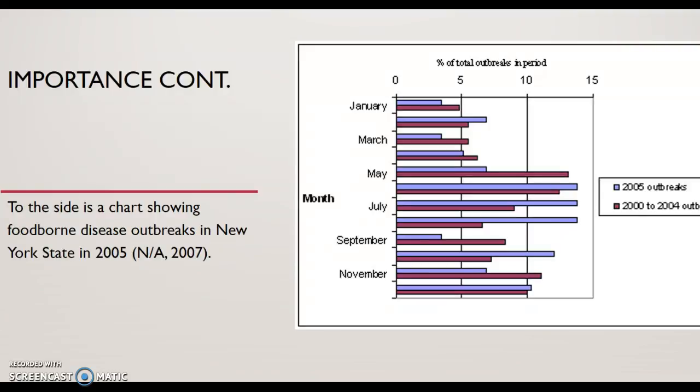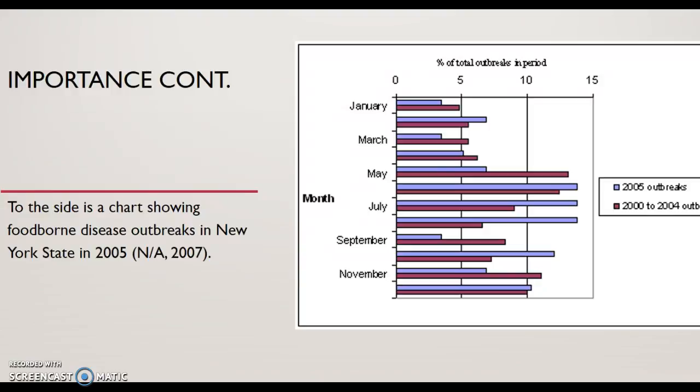As you can clearly see, in 2005, the foodborne illnesses were much higher between May, July, and into September. It's also pretty much into November as well. So you can see that there were outbreaks going on.